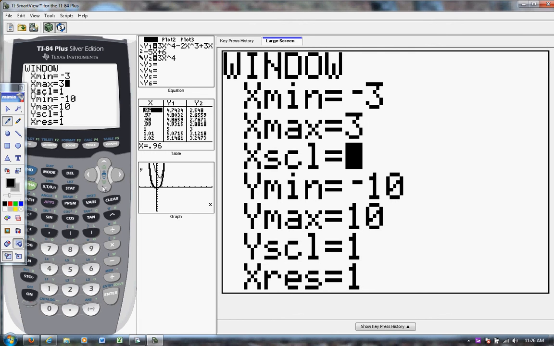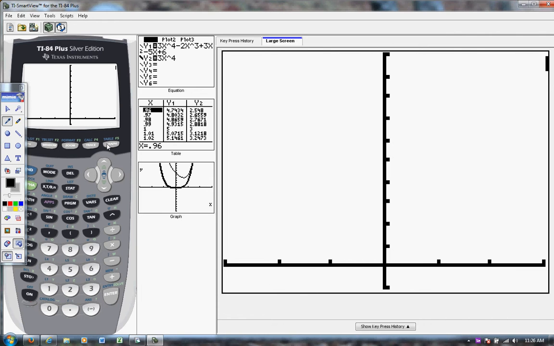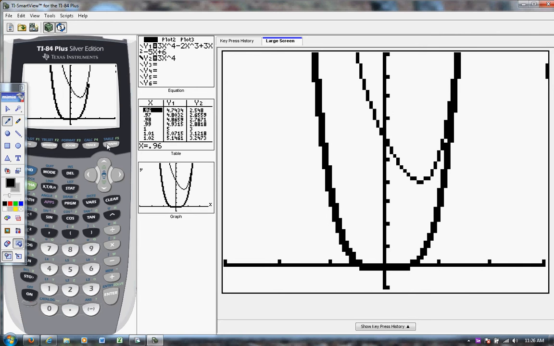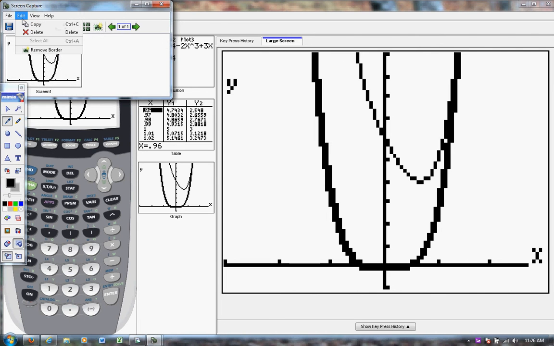And we don't need all those negative y's. Let's make it like -1. All right, that shows it a little bit better. We can see that there are two distinct functions. Okay? So, I'm going to put that in to the notes in case we want to draw on it.